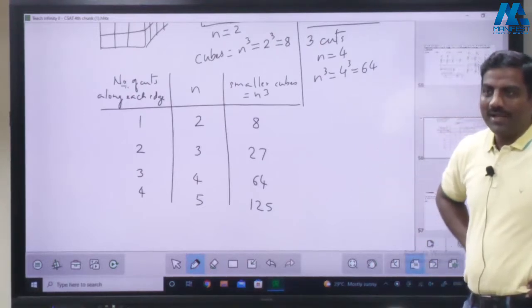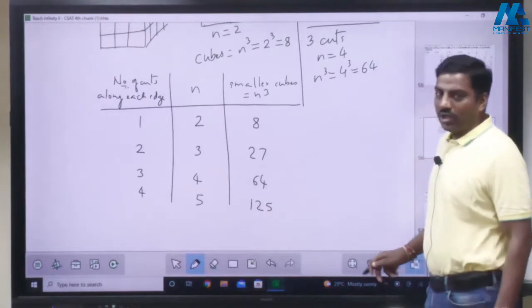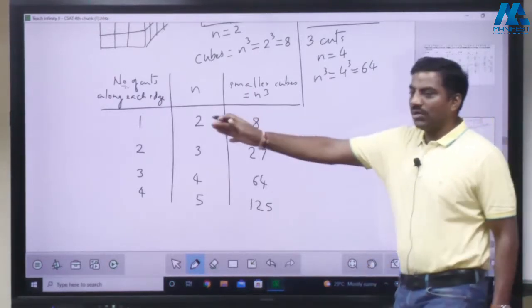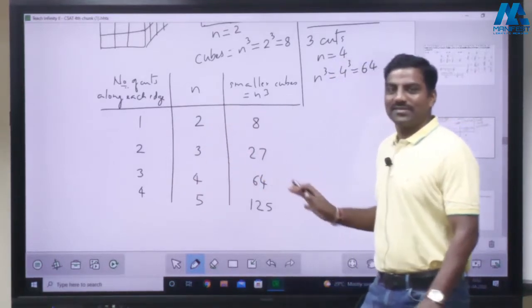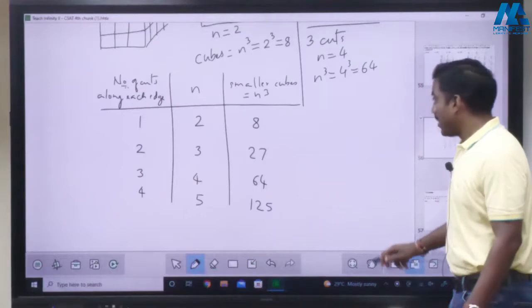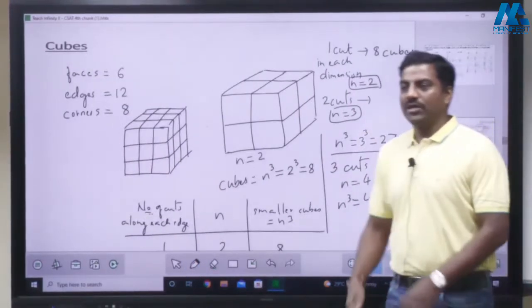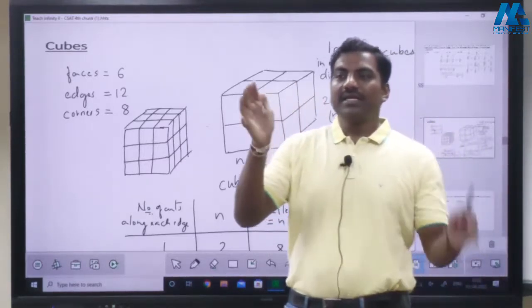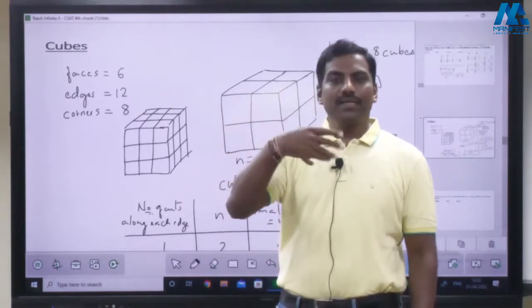Okay. Now what will happen? In all these cases, see, this is 1, 2, 2, 3, 3, 4 cubes of this. That's it. Now, in these cases, what will they do? The question will be like this. There is a bigger cube and we have painted it.